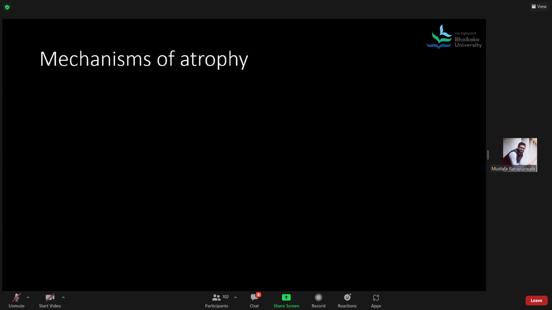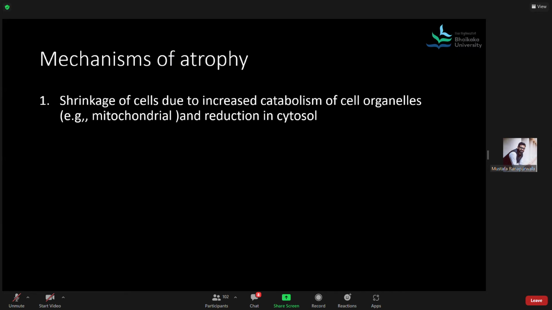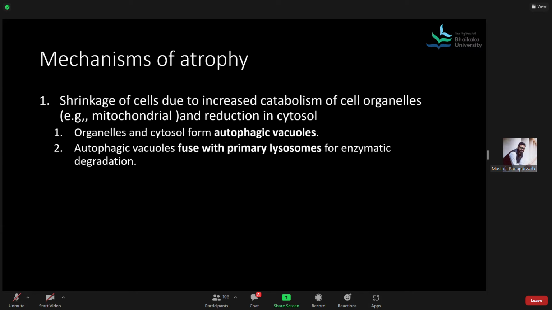Now this atrophy classically occurs by catabolism of cell organelles, reducing the cytoplasm and getting rid of the non-essential organelles. This reduction that we see classically happens by what is known as the formation of autophagic vacuoles. These organelles and cytosol will be engulfed by the autophagic vacuoles, and then, very similar to phagocytosis, lysosomes will come and attach to these autophagic vacuoles and cause the degradation.